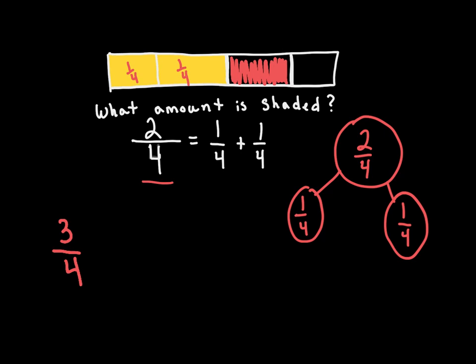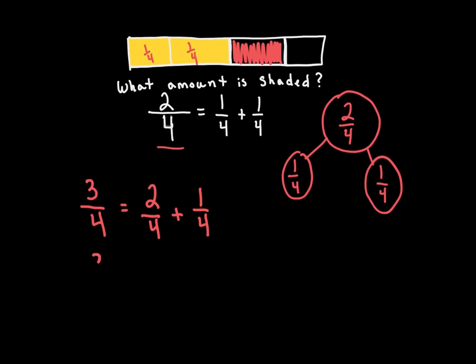What would it look like right then? Well, it could be decomposed as 2/4, and you add on your extra fourth, 1/4. You could also have 3/4 and decompose it as just 1/4 plus 1/4 plus 1/4. There are different possibilities of getting the sum of that fraction.